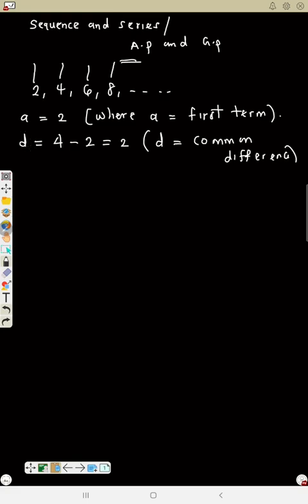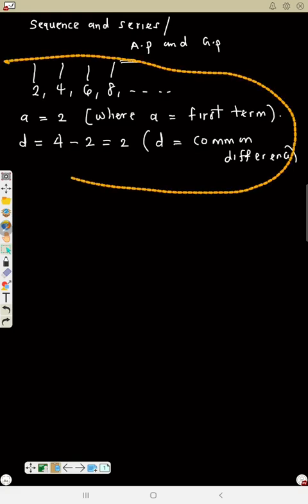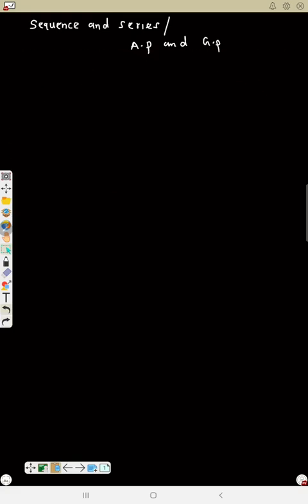So let us now start illustration in solving. Now for an AP, the first term is a, the second term is a plus d, the third term is a plus 2d, the fourth term is a plus 3d, the fifth term is a plus 4d.